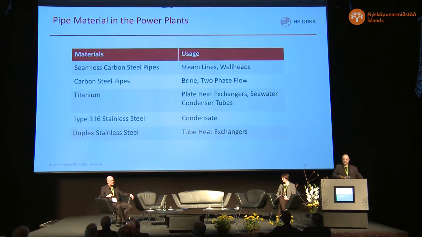Titanium has to be used for plate heat exchangers and seawater condenser tubes, that is, a condenser that is cooled with seawater. Condensate pipes are made of 316 stainless steel, and tube heat exchangers for district heating water are usually made of duplex stainless steels.